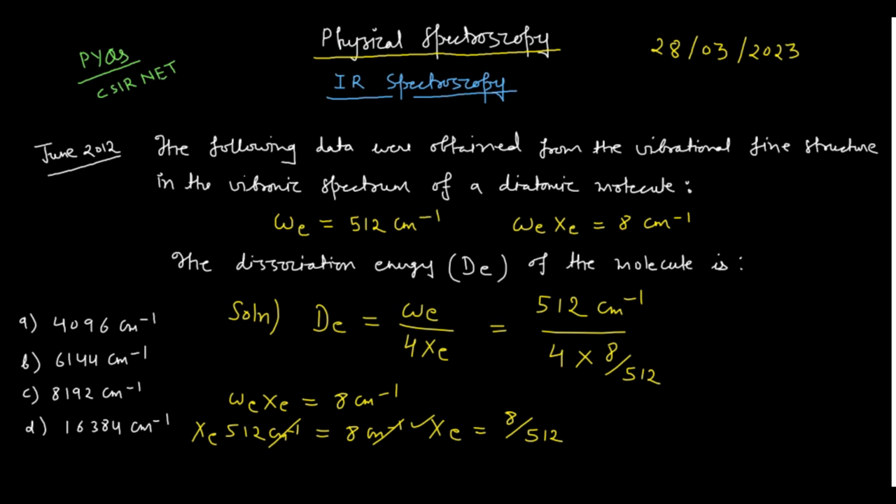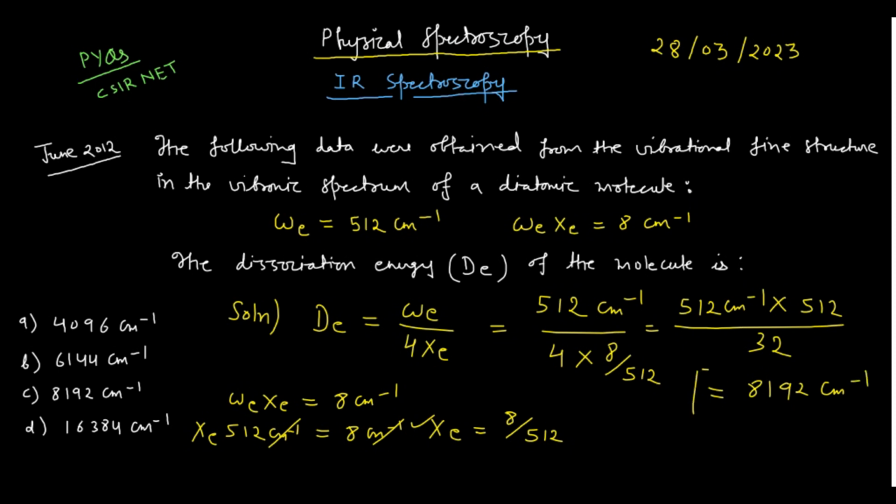If you solve this, then what you will get is 512 centimeter inverse multiplied by 512 divided by 8, 4s are 32. If you solve this, you will get your answer 8192 centimeter inverse.